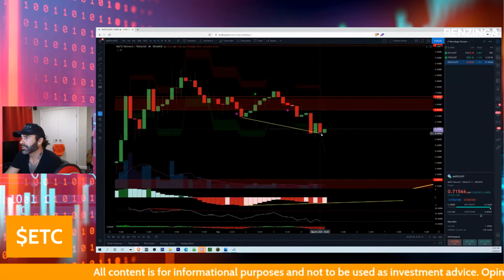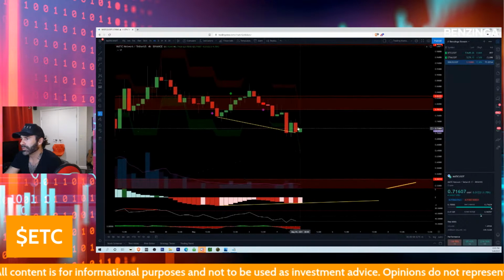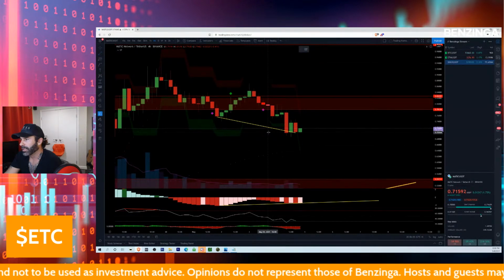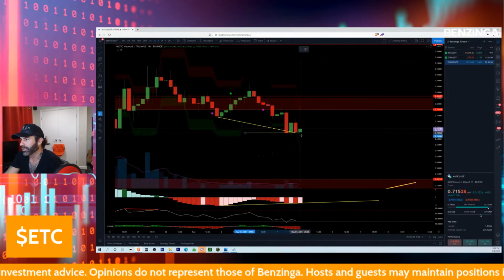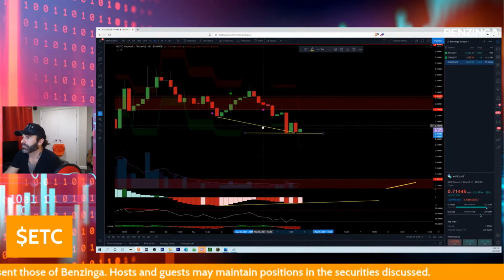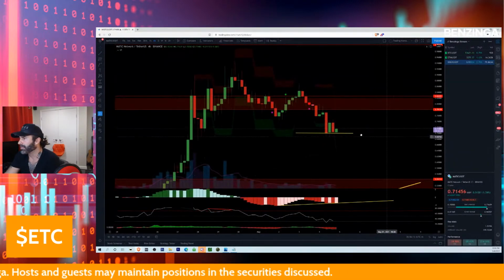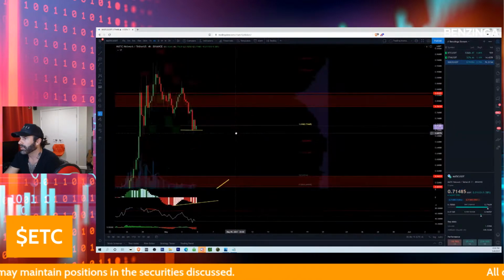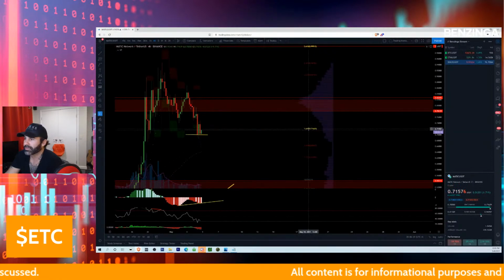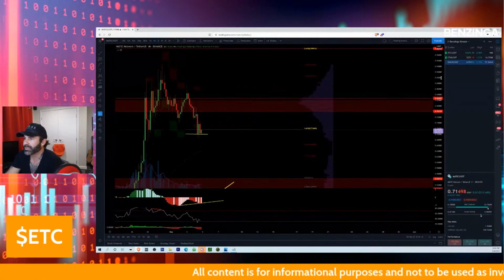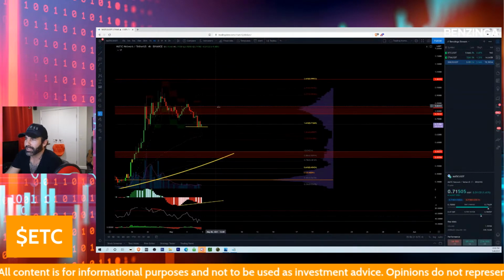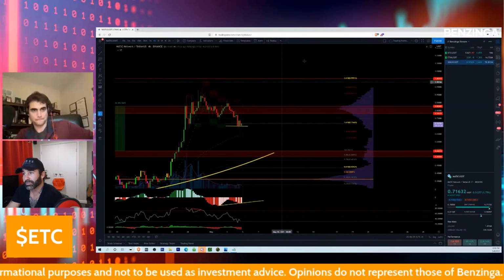But this is the point where we really want to hold up, and it looks like we're starting to put in a floor here. So if Matic holds up, I believe if we zoom out, 71.6 is the 1.618 retracement. If we get back on top of that and retest this neckline, I think there's a good chance that it's going to continue up.